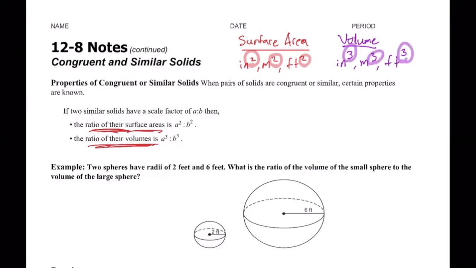And so essentially, your goal is to always find your scale factor first. Find scale factor first. Okay. We'll talk about some example problems of why we need to find scale factor first.